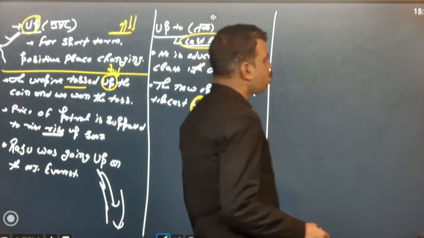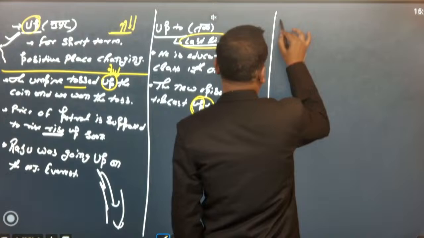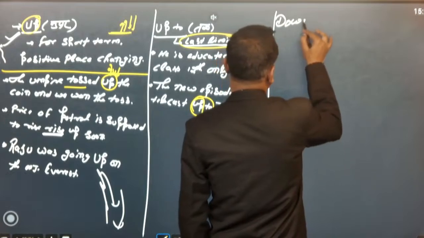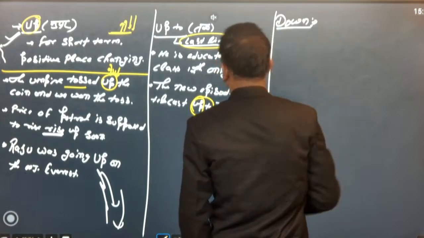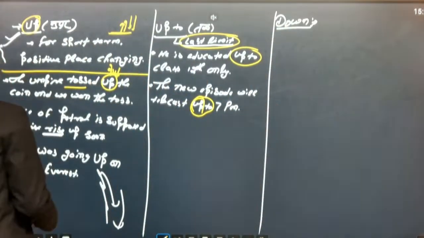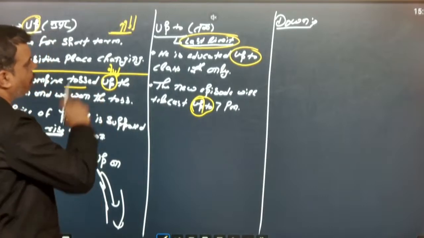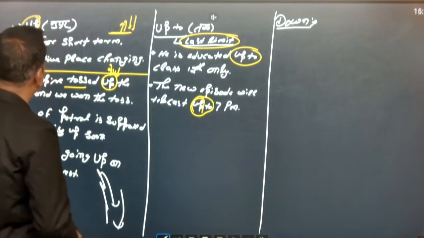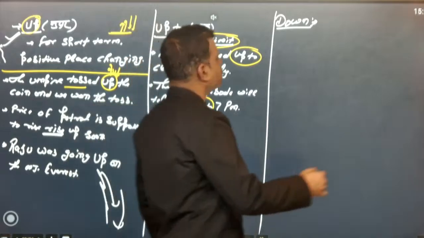Next word is down. Just opposite of up is down. इट मीन्स नीचे.